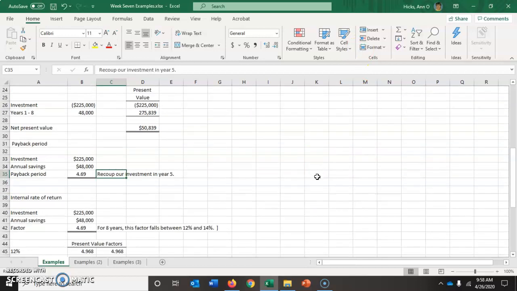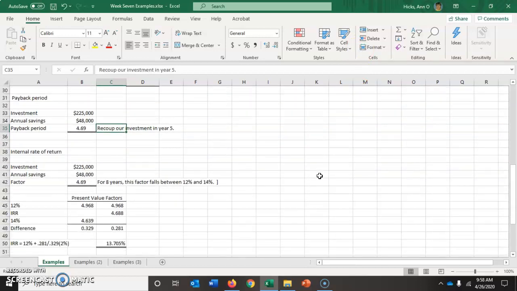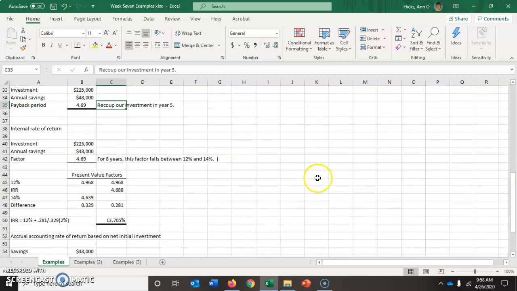Okay. All right, the internal rate of return method is a little trickier. It requires actually guessing to some degree. The way this method works is you determine the rate of return that causes effectively a net present value of 0.